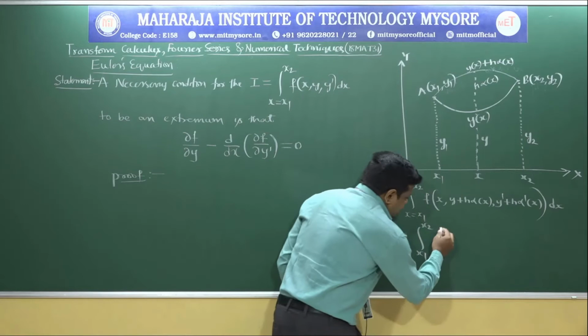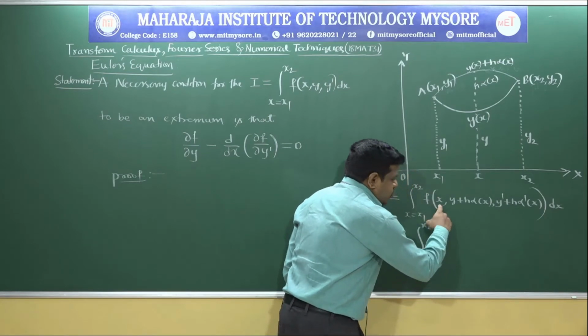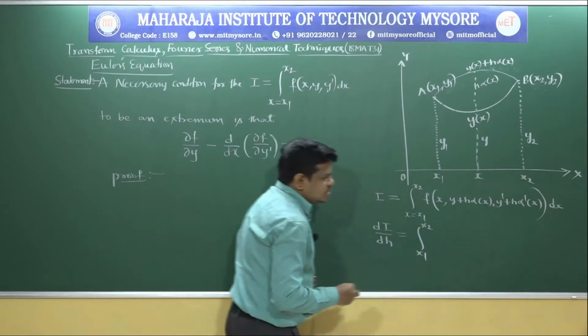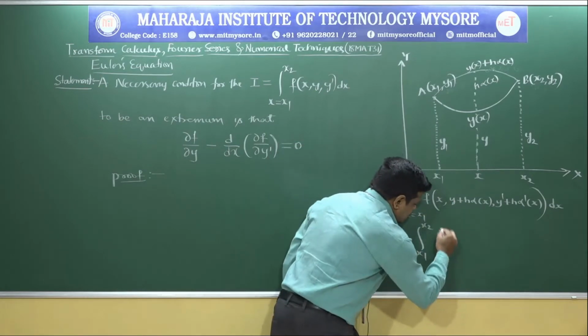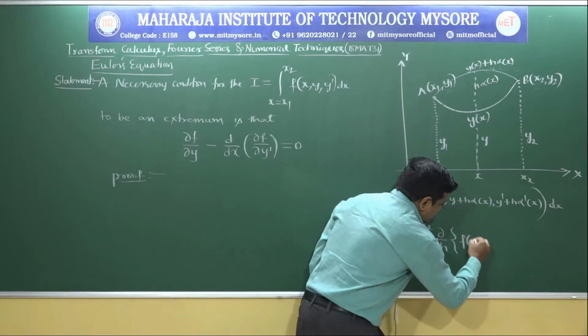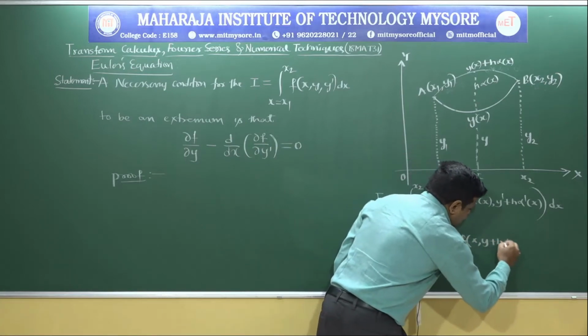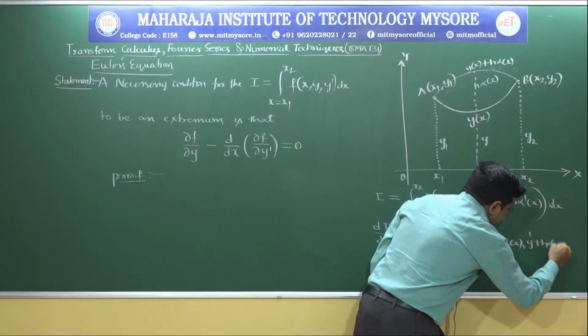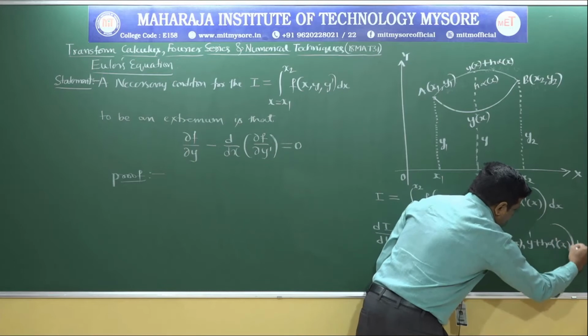Now partially differentiating the functional f of x, y plus h into alpha of x, y dash plus h into alpha dash of x: dou by dou h of f of x, y plus h into alpha of x, y dash plus h into alpha dash of x, dx.